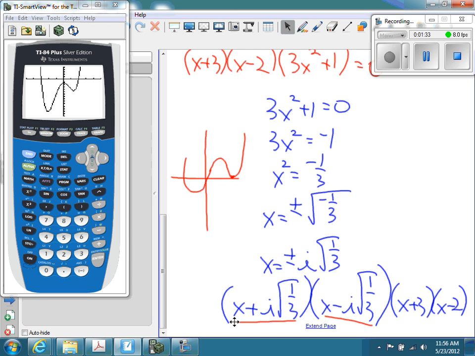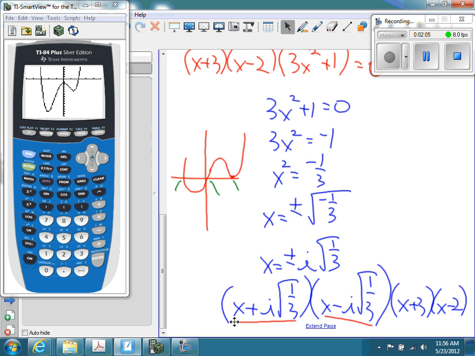It actually looks like it's touching the x-axis. I only count it going through 1, 2, 3 times. I can only see it 3 times. In fact, this one even looks like a touch. You see what I'm saying there? That one looks like a touch. But I have 4 real zeros.